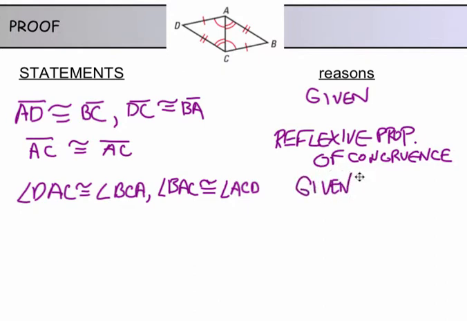Now, we just learned the third angles theorem tells us that if two angles are congruent to each other in a triangle, then these other angles have to be congruent to each other. So I'm going to say that angle D is congruent to angle B. And how do I know that? That was the third angles theorem, and that's right there in your notes.